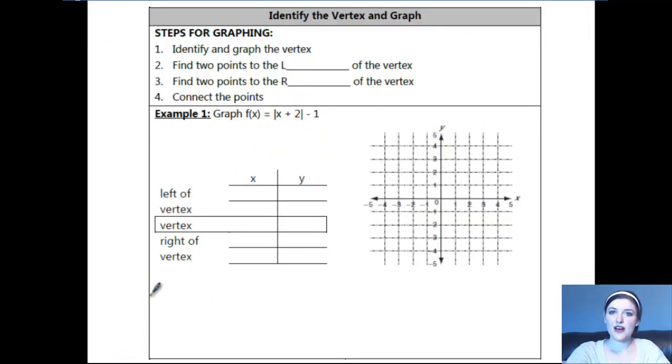So to identify the vertex and graph, first we need to know what our steps for graphing are. So we need to identify and graph our vertex. I'm actually going to put these steps up on the screen right now. So I would like you to copy these parts down in the white section of your notes off to the side.